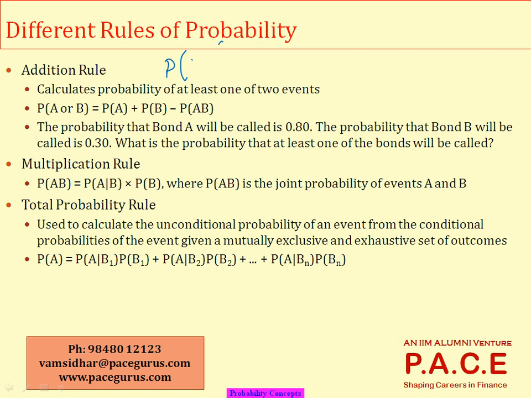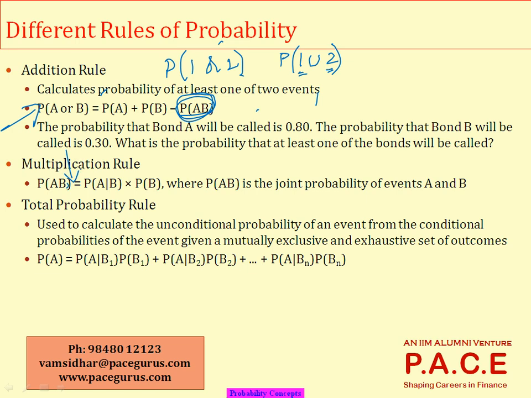So that is what I say, one or two, or sometimes people write it as union, which means either one or two or both. So that is where we use the formula called P of A union B equals P of A plus P of B minus P of AB, and P of AB is something which we have found out using our multiplication probability rule.